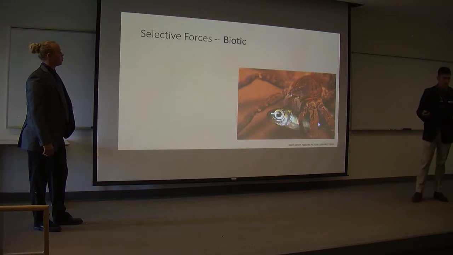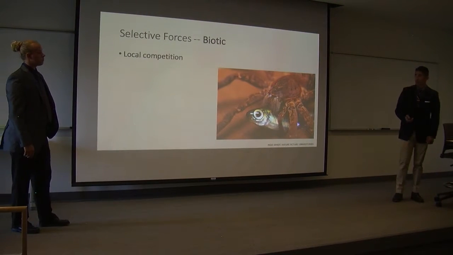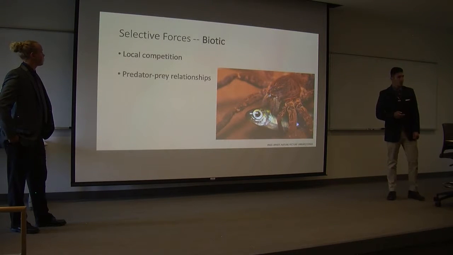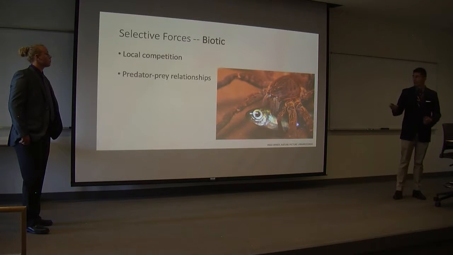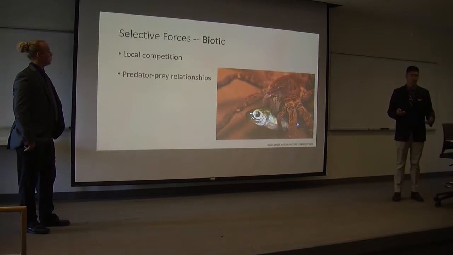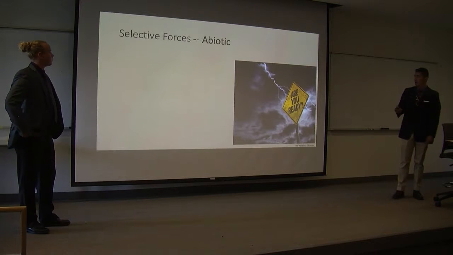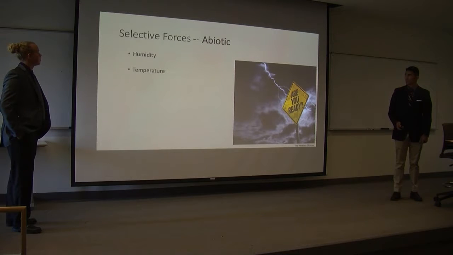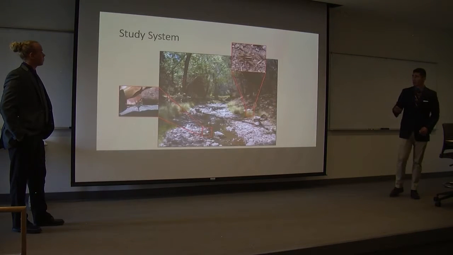Biotic are living forces and include things like local competition, where organisms in a local area compete for resources, as well as predator-prey relationships, where predators seek to become more efficient in prey capture as well as intake. And prey species aim to reduce the effects of predation. Abiotic factors are non-living factors and consist of things like humidity, temperature, and just overall weather patterns.